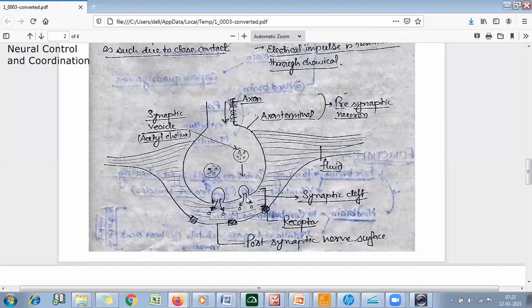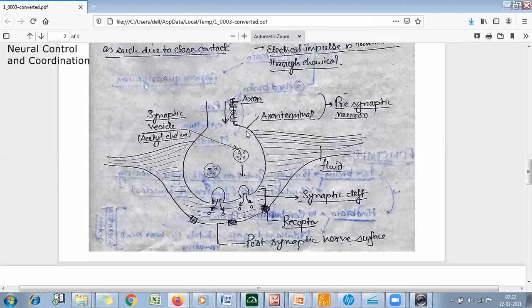So this acetylcholine will be released to the next part. Either it would be the neuron, as I have talked already, or it would be the gland or muscle. So in this example, we have taken muscle. So what happens? This neurotransmitter will be released into the gap, and it will be received by the receptor present on the next neuron or muscle or gland, and again the electrical impulse will be created.